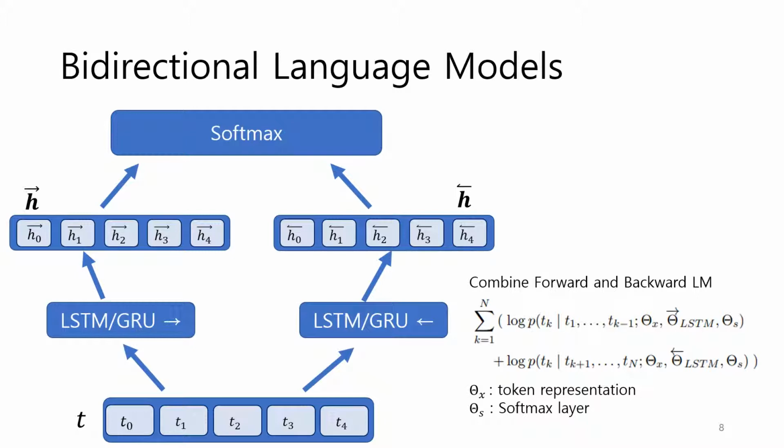Now, let's think about how the training works. Let's say the token we are processing is T1, and the forward model has processed up to T0 and produces the representation H0, and the backward model has produced outputs H4, H3, and H2, and then we train that with softmax and try to maximize the likelihood.